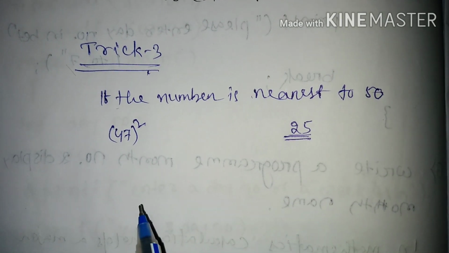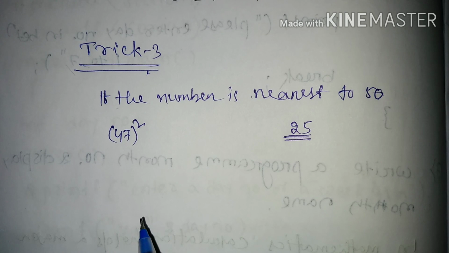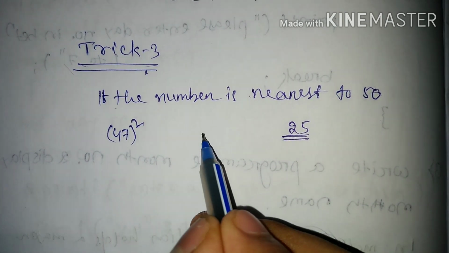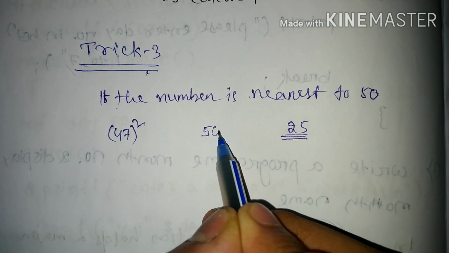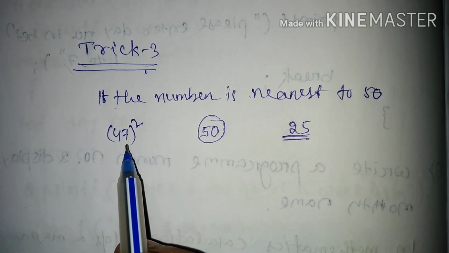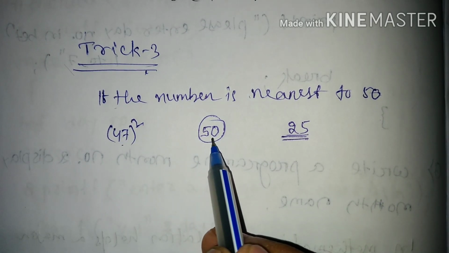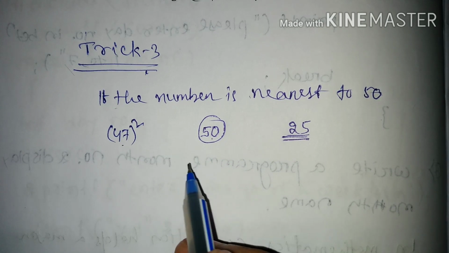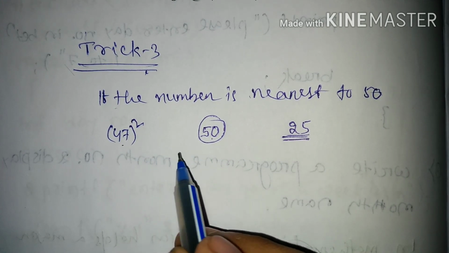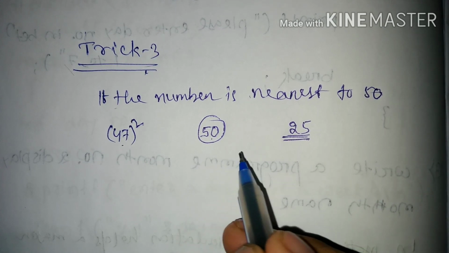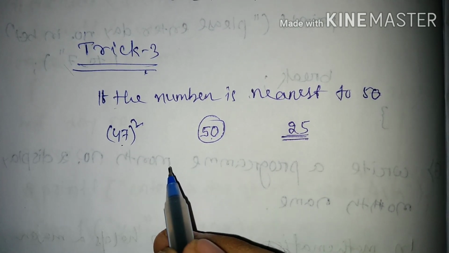Then we have to compare how much smaller or greater this number is than 50. Here 47 is 3 lesser than 50. Then take the square of that difference.